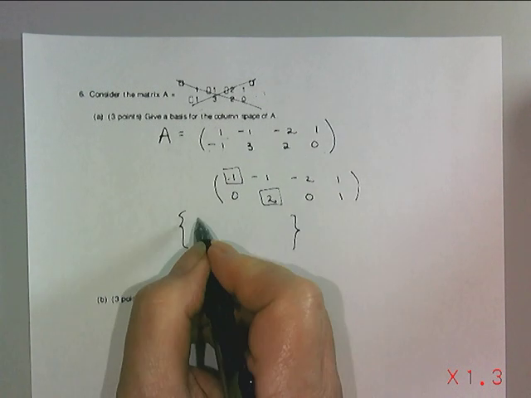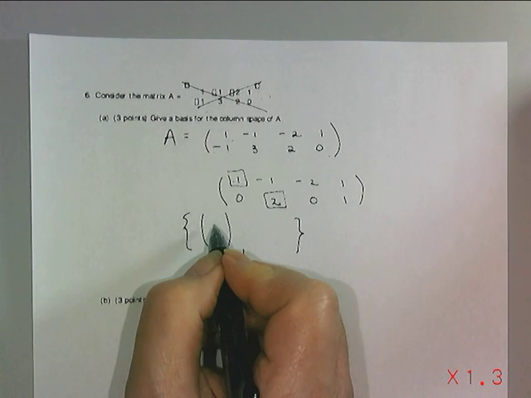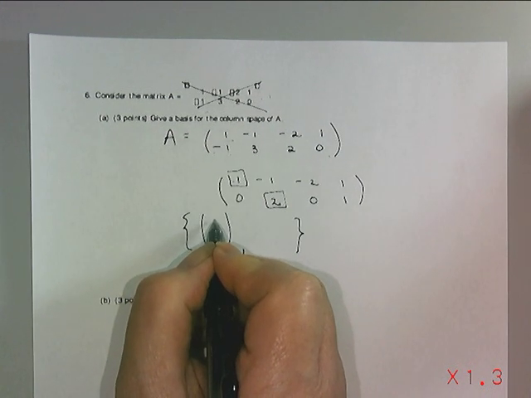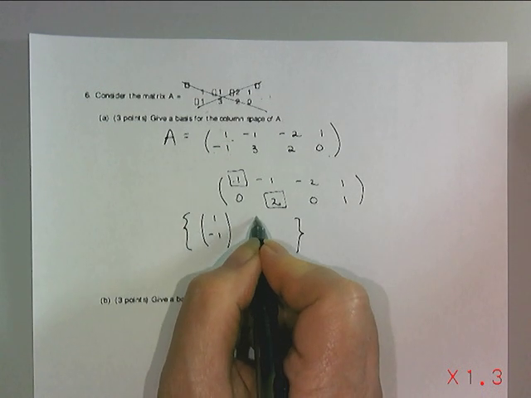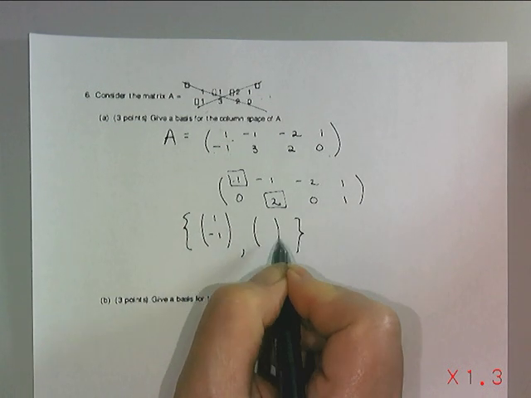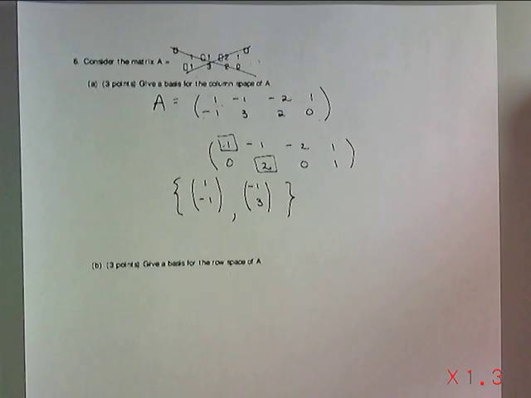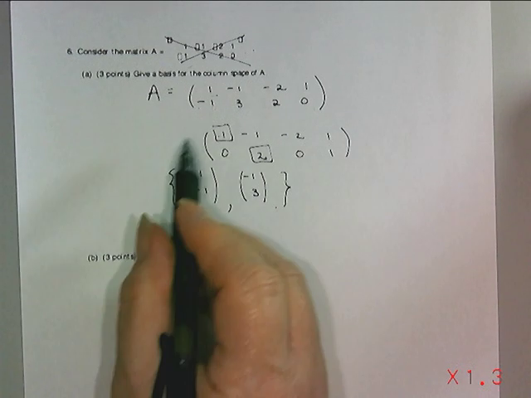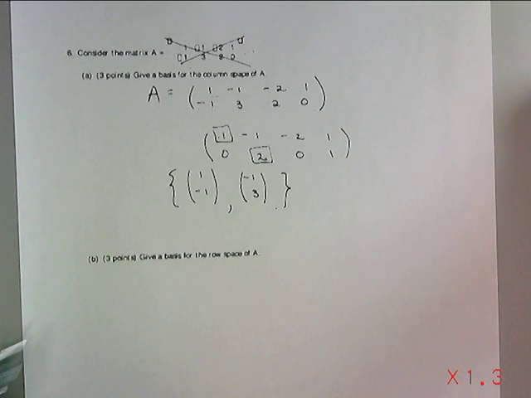So in this particular case, the basis would contain the vector 1, -1, the first column, and the vector -1, 3, the second column of A. Now these are not unique, but this is one way that we could find vectors that span the column space of A.